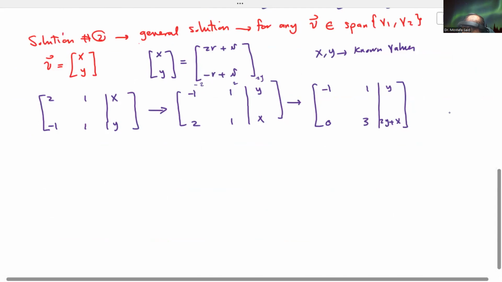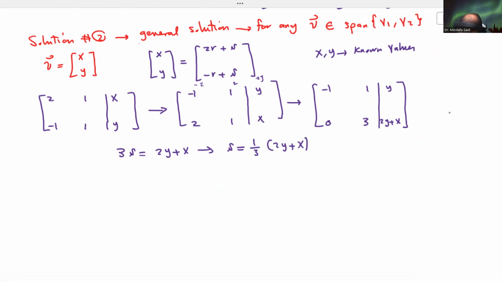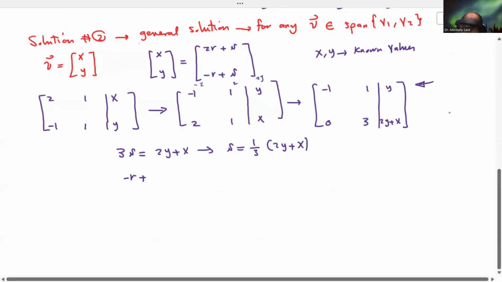So from that, we can say that 3s is equal to 2y plus x. From that, s can be represented in terms of x and y as so: 1/3 (2y plus x). Then we find r. From the first equation, minus r plus s equal to y.